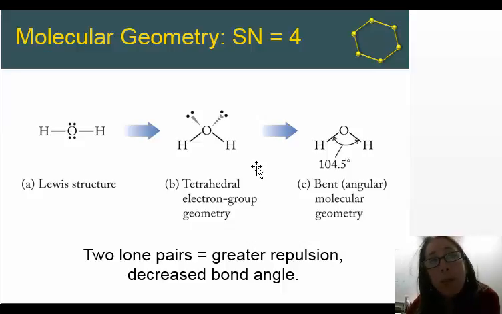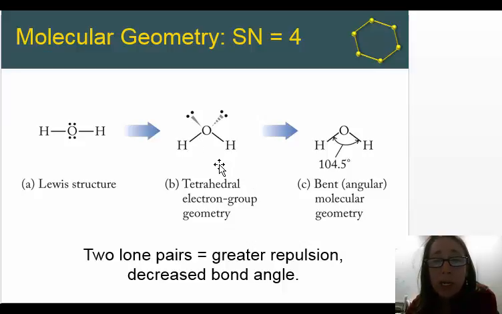However, the bond angles are going to be different than a bent molecule that has a steric number of 3. Our 4 electron pairs are going to orient themselves to be as far apart as possible, in a tetrahedral arrangement. However, the molecular geometry depends only on where the atoms are.